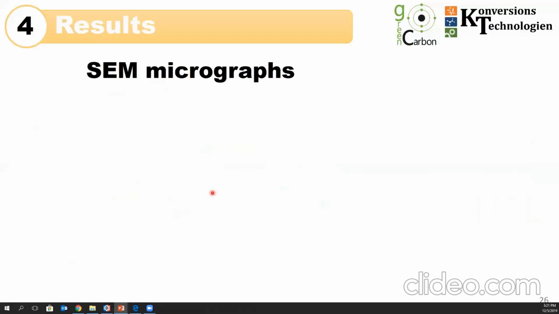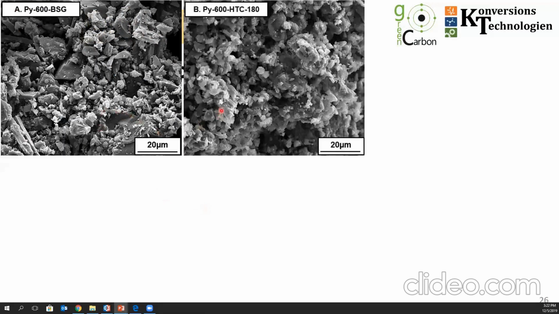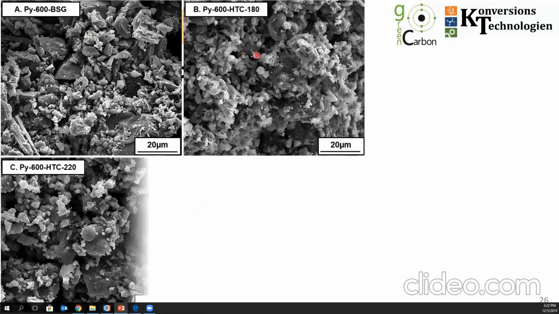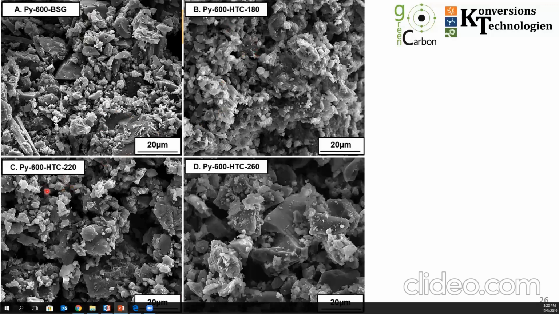Then I want to show you some micrographs of the materials. So this is the biochar produced at 600 degrees from brewer's spent grains. Then we have hydrochar at 180 and then pyrolyzed at 600, and 220 and 260.